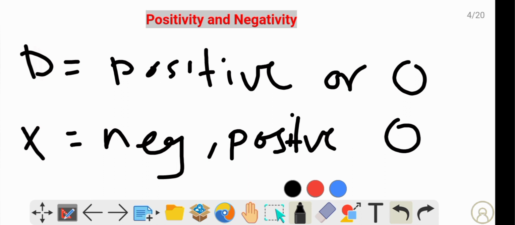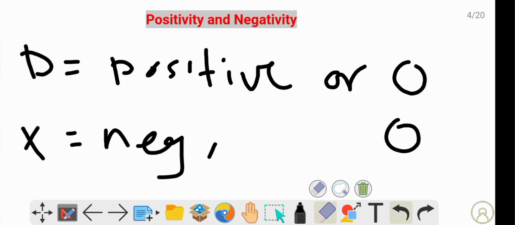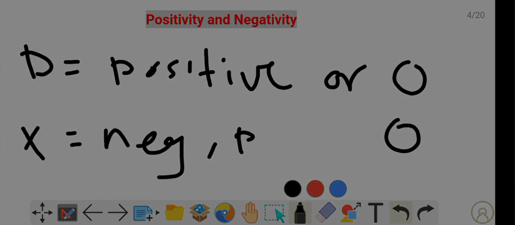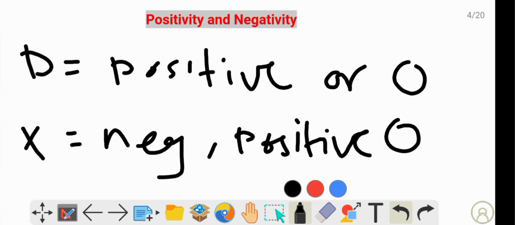So that's one of the differences. I need to write positive clearly. Positive. All right. So that's another difference between them. Distance can never be negative, but displacement can be negative, positive, or zero itself.